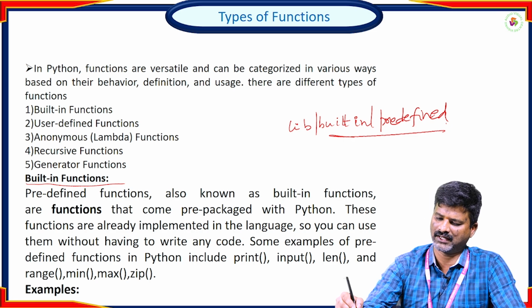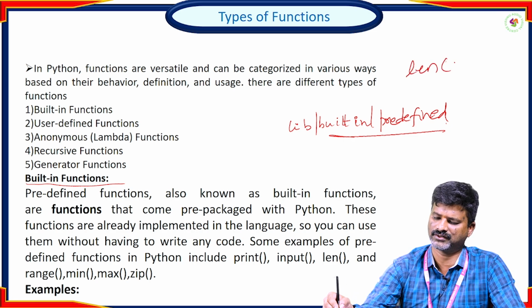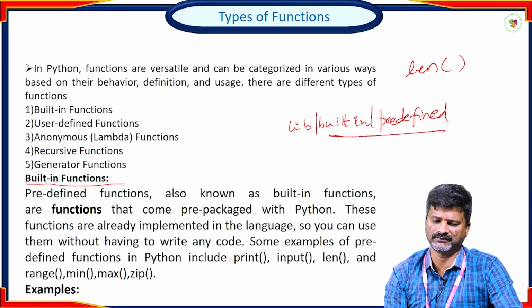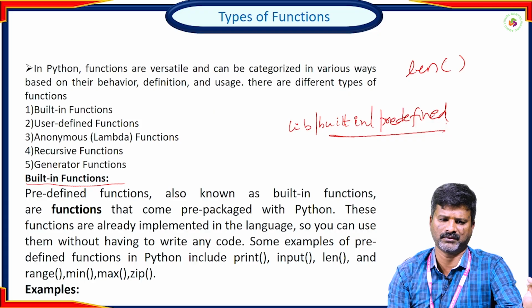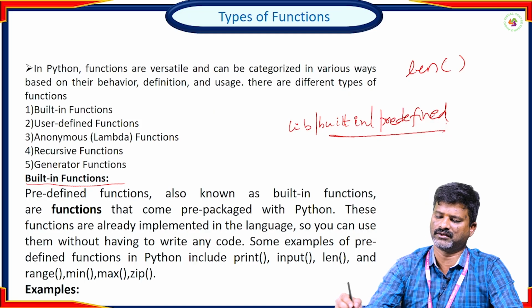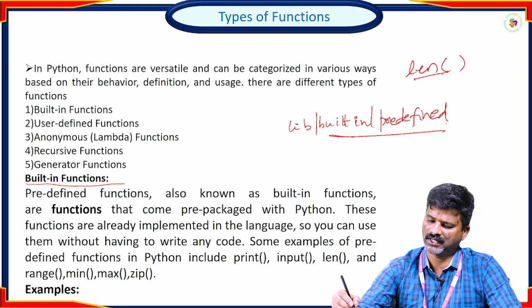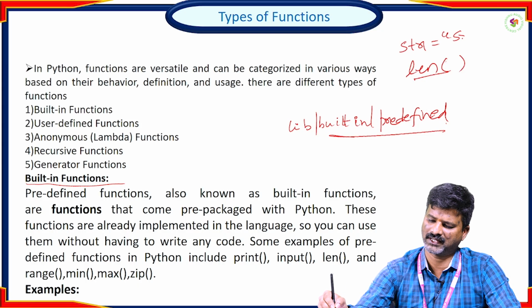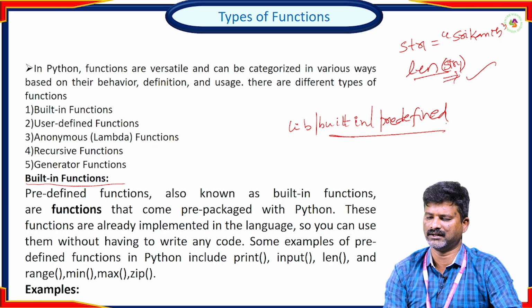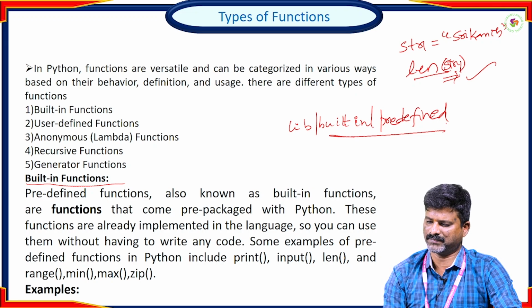Suppose I am using len, one function we use in Python. Len is a function used to find the length of a list, tuple, dictionary, set, or string, whatever you want. If I take str1 equals something, and pass len of str1, it will simply return the length of that particular string.